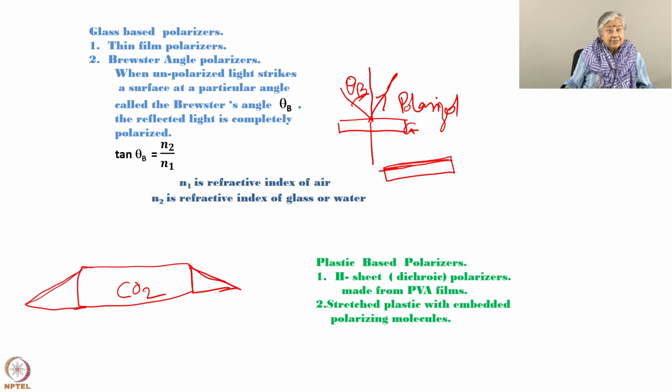So, what is the advantage of having a Brewster angle plate? The advantage is the light that is coming here, it is at a Brewster angle to the normal to this Brewster plate. This is the Brewster plate. Okay. They are generally placed this way.